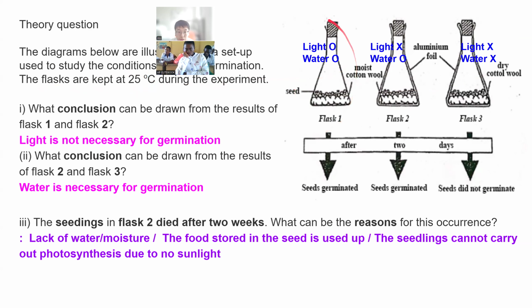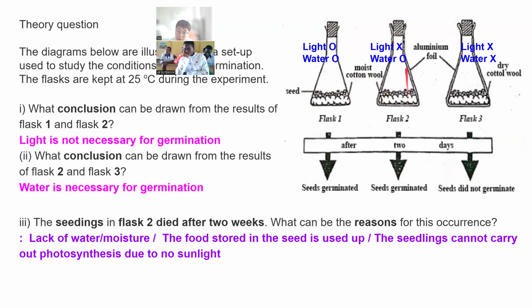Here are three flasks: flask 1, flask 2, and flask 3. In flask 1, we have both light and water, since we have moist cotton wool.